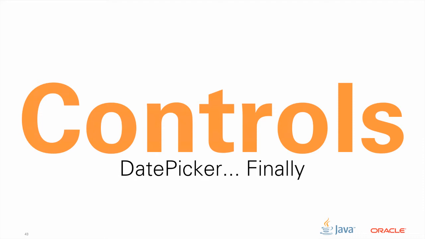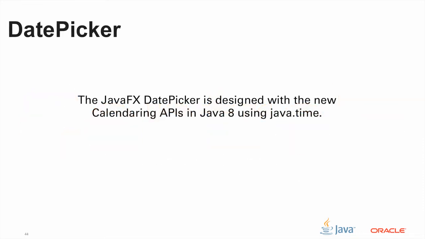And then we have some controls, most notably the date picker, and that uses the new Java Time API, JSR 310, that was carried over from and improved from Joda-Time by Stephen Colebourne. So the date picker uses that java.time, that new date time API.